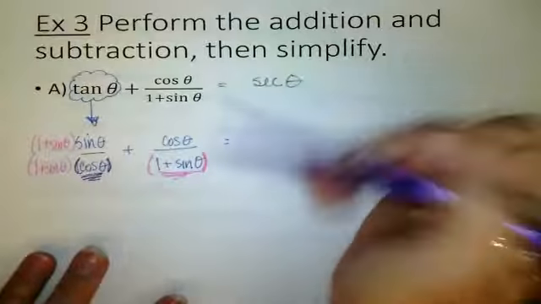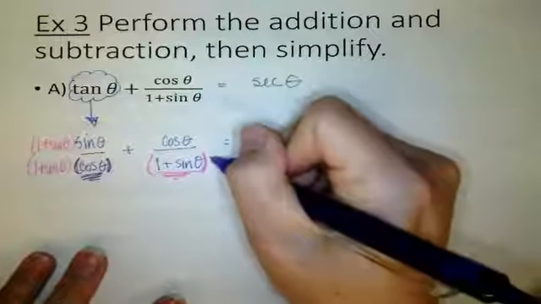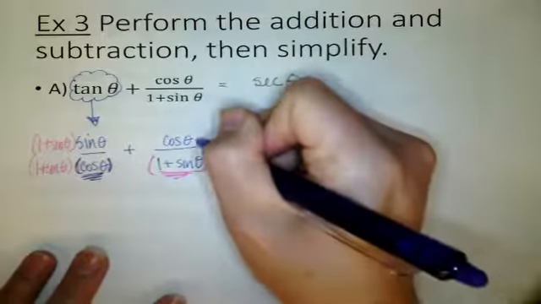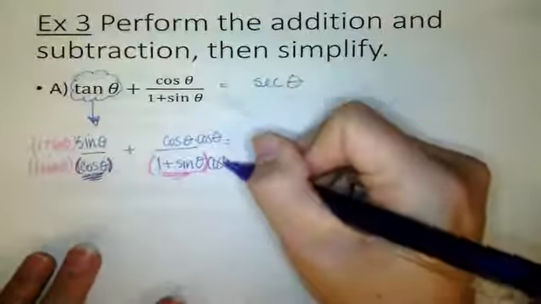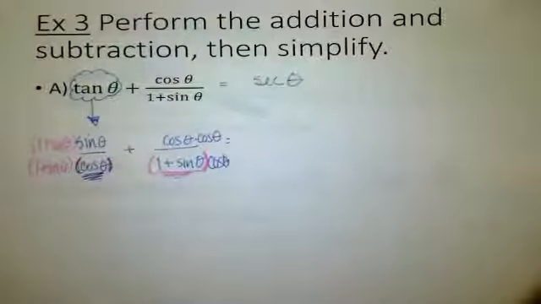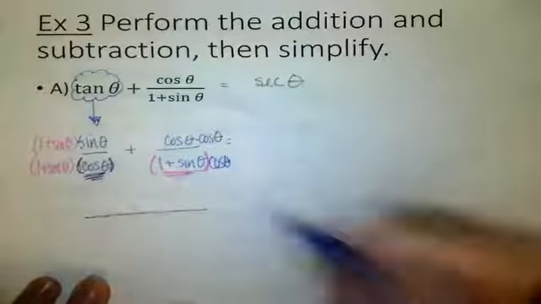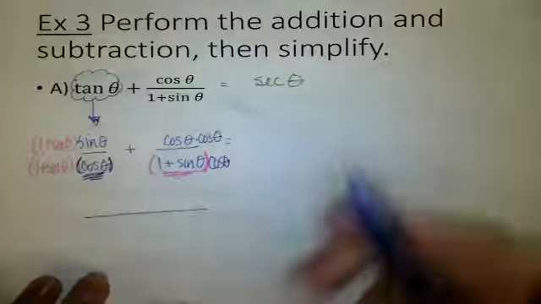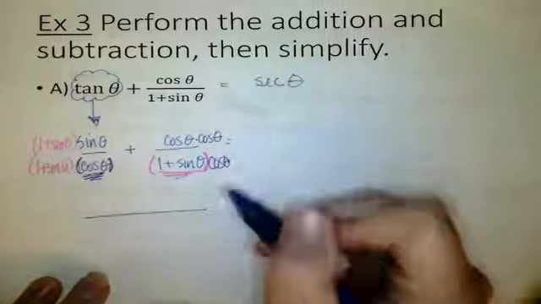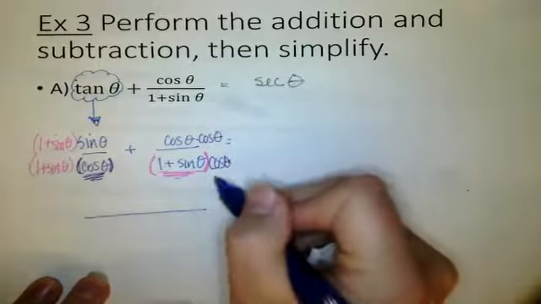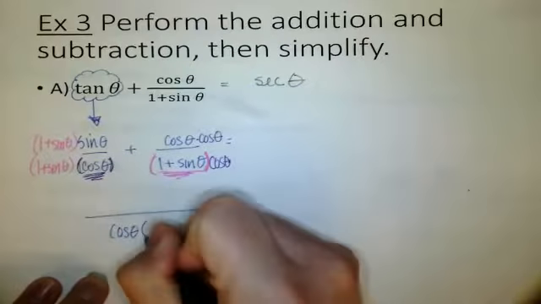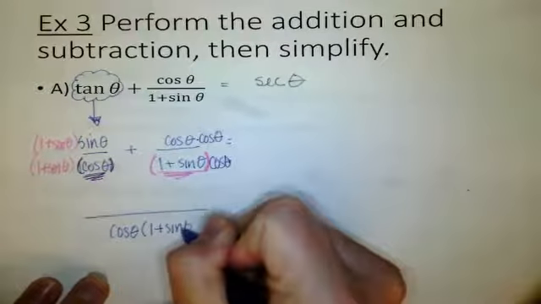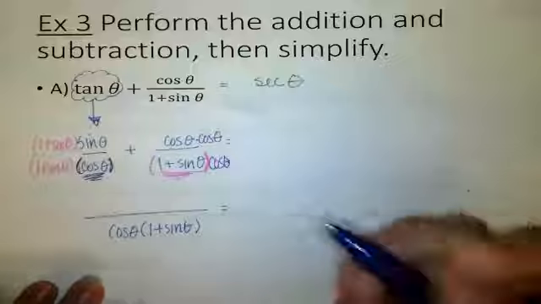What about our second fraction? Cosine of theta on top and bottom. I do encourage you to smush it in there. Now, my denominator is a lovely common denominator of cosine of theta times 1 plus sine of theta.